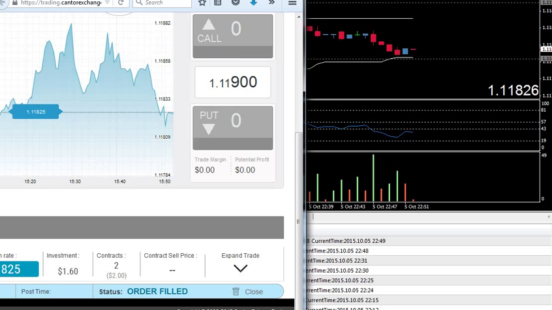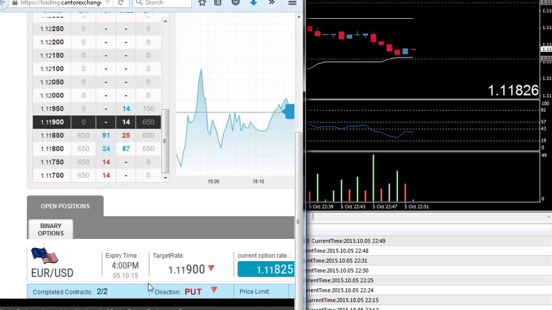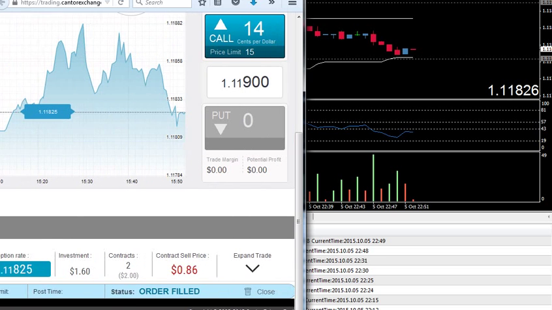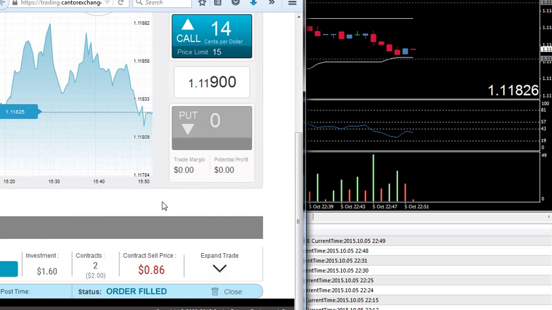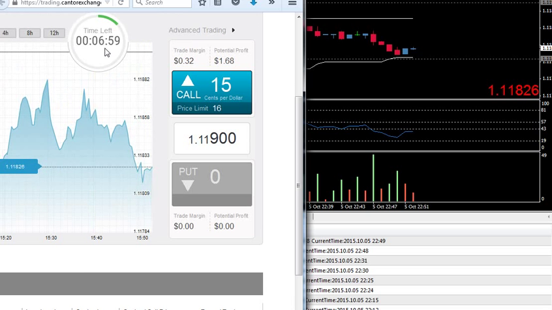It's going to expire in a while. 1.1190, that's the strike on the Euro USD. Right now, this platform is designed by the guys that design the spot option platform, so it probably looks pretty familiar.